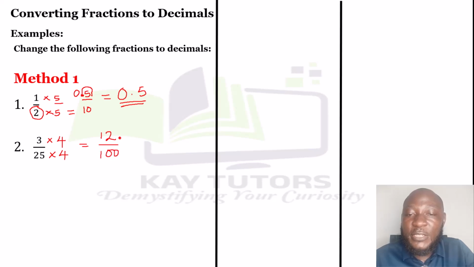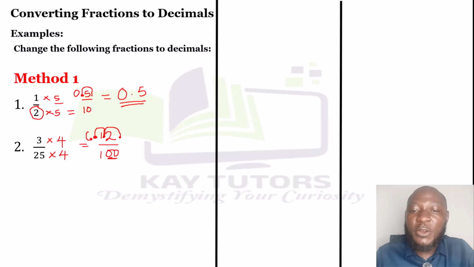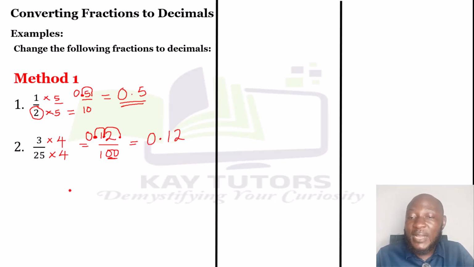So I have a point here. And my point to move, remember you have to go between the numbers 1 and 2. Once again, why am I moving twice? Because I have 2 zeros. So I replace here with 0. And what's my final answer? My final answer is 0.12.